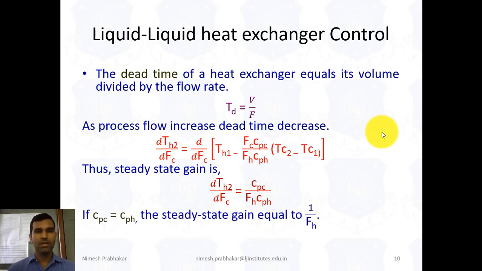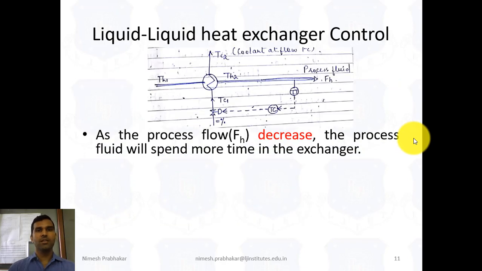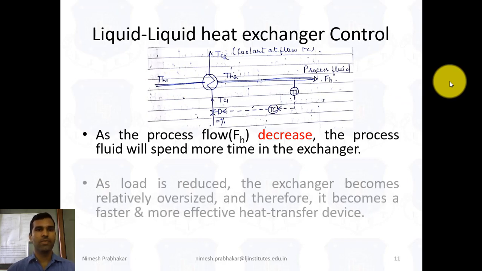If in this equation CPH and CPC are equal, that means the values of CPC and CPH are the same, at that time the steady state gain equals 1 upon FH. Now in this condition, as the process flow decreases, that means FH is decreased, the process fluid will spend more time in the exchanger.